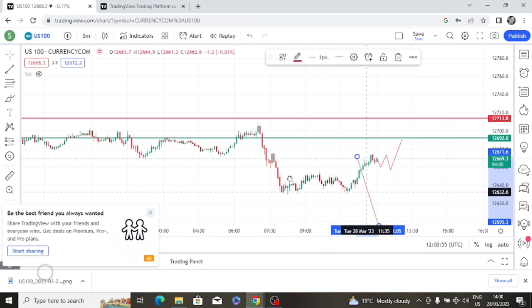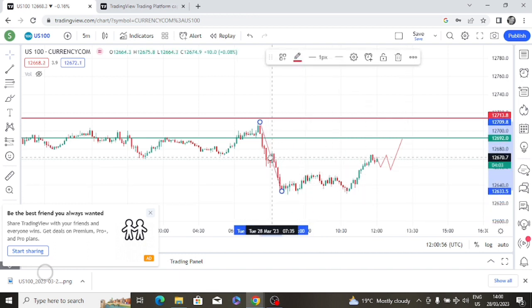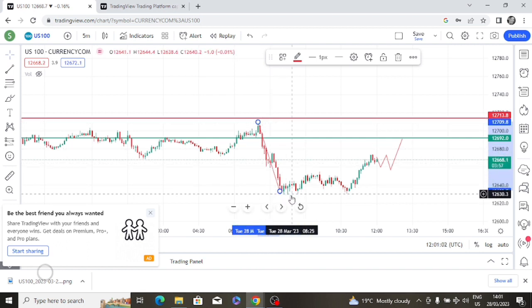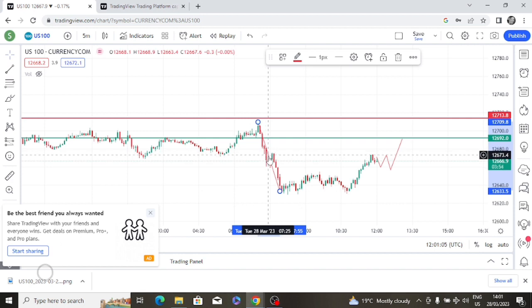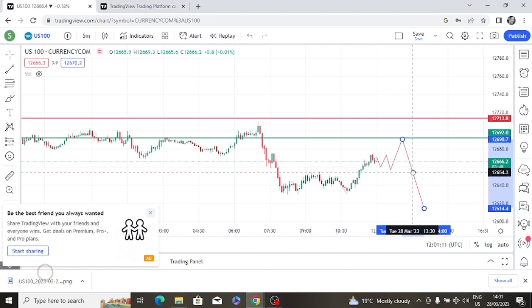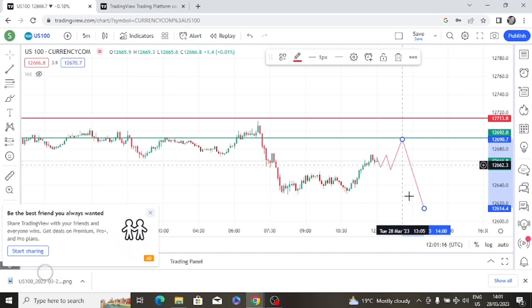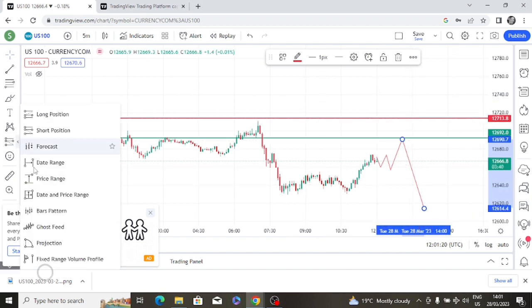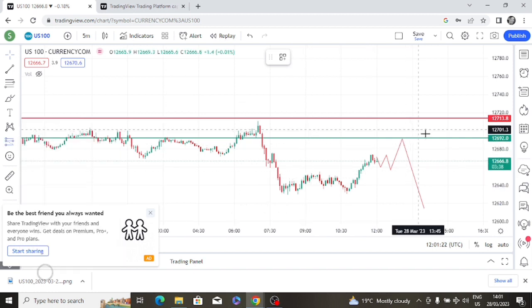A lot of people like to place it right at the tip, right at the top, towards the lower low. But like I said, I'm a bit conservative. So that's our risk reward. If you want to check it out, it's a short position.